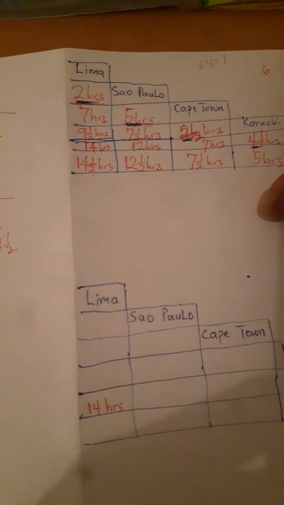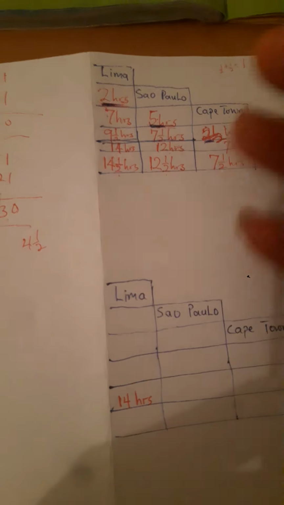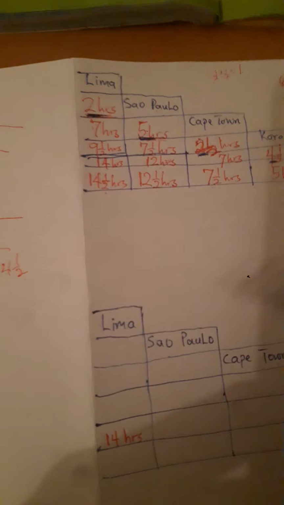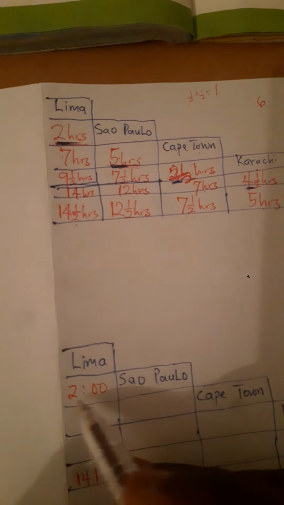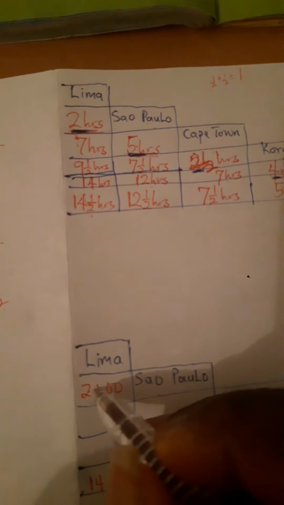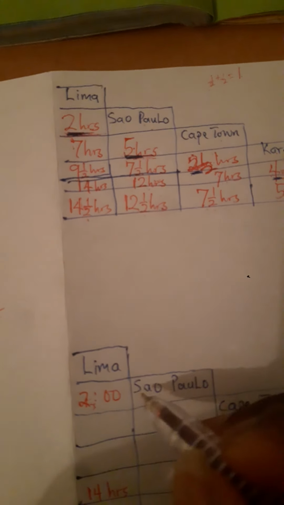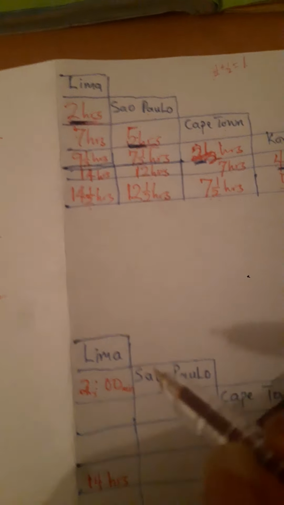Now, I want to rewrite this according to hours and minutes. Now, 2 hours is the same as 2 hours, like this. Okay, this is hours and this is minutes. Okay, this is 2 hours, 00 minutes.